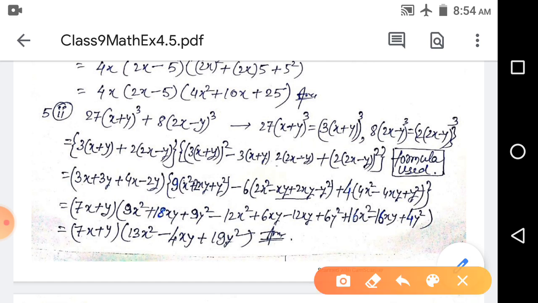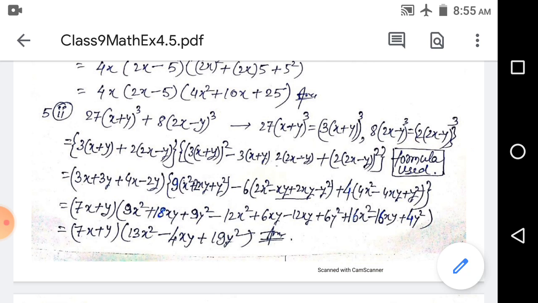So now this becomes a. Similarly for the second term we have 8. For this 8 we will take 2, because 8 means 2 cube, and (2x − y) whole cube is present there. So for the second term we can write (2(2x − y)) whole cube.